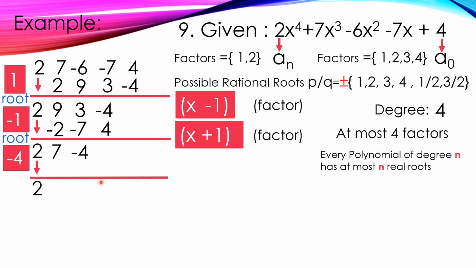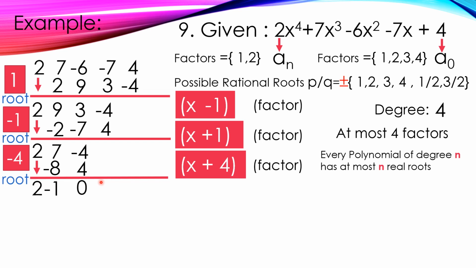Then bring down positive 2. 2 times negative 4, we have negative 8. 7 plus negative 8, that is negative 1. Negative 1 times negative 4, we have positive 4. Negative 4 plus 4, 0. Again, the last number or the remainder is 0. Hence, since the remainder is 0, we can say that negative 4 is one of the roots and x plus 4 is the factor.